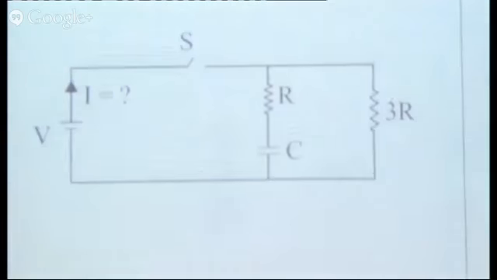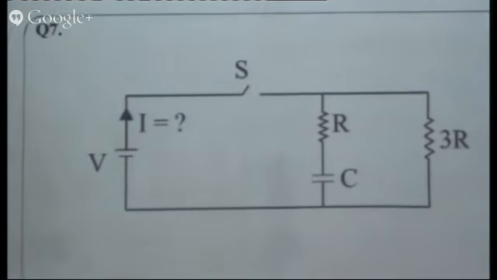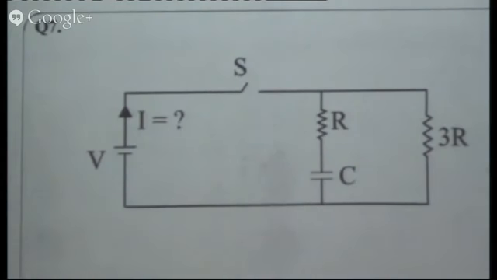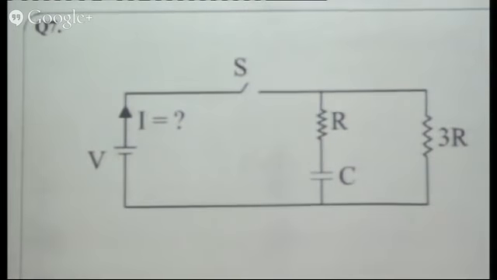Now imagine a situation. Till now, you had one resistor, one capacitor. Case 1, the capacitor was uncharged. Case 2, the capacitor was initially charged. Imagine you have many of them.